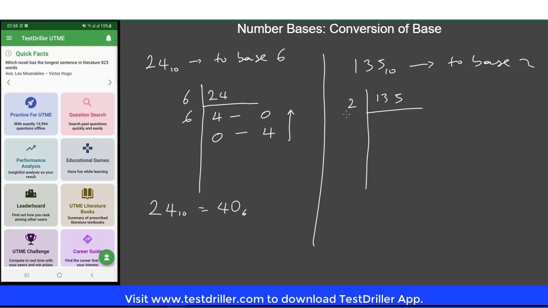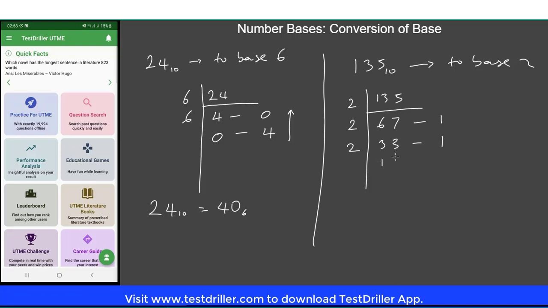So what's 135 divided by 2? 2 in 13 is 6, remainder 1, so you carry 1 to 15. 2 in 15 will give you 7, remainder 1. Now 2 in 6, that's 3. 2 in 7, that's 3, and the remainder is 1. 2 in 3, that's 1, then you have 1 remaining.